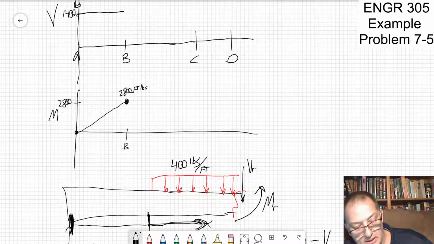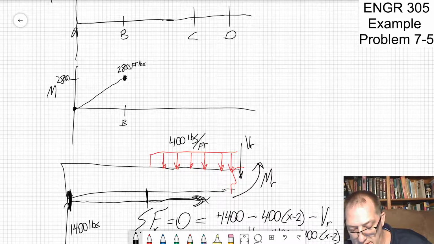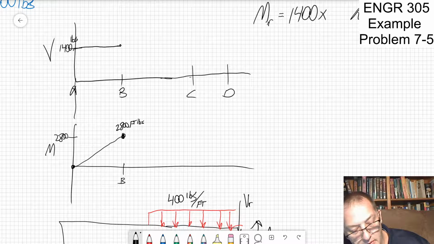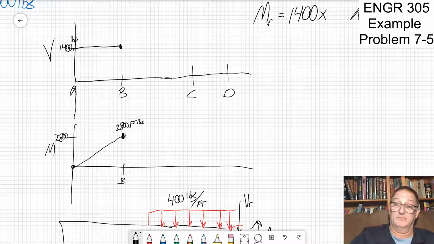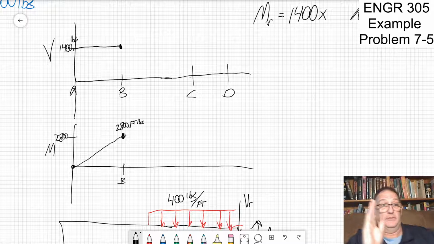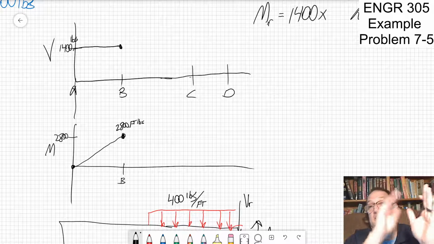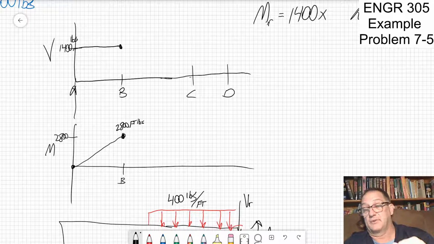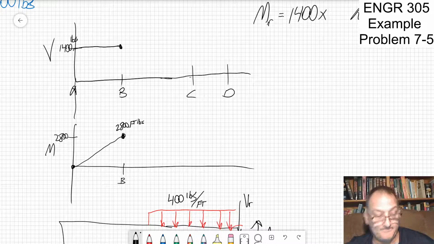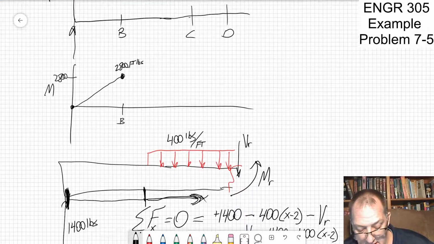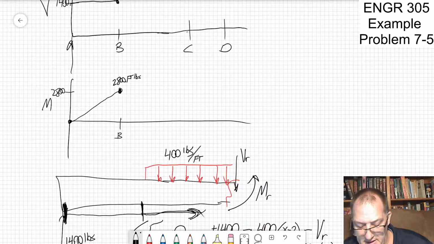I can go back up here. 1,400, well, that's the value that it was there. So that's good. That equation matches up at B. If I'm drawing an equation, I want it to be consistent, and at B it has the same value from the left as from the right. That's how we have a continuous equation, if you remember that.